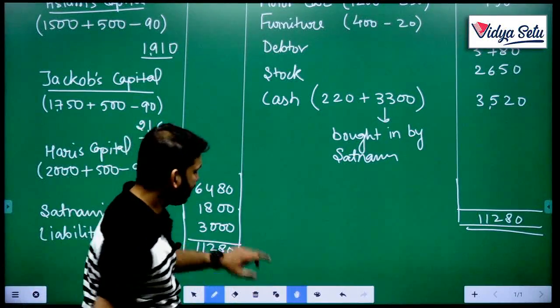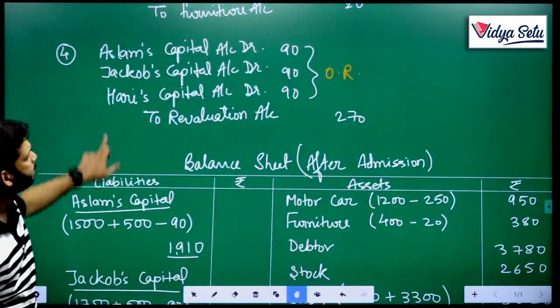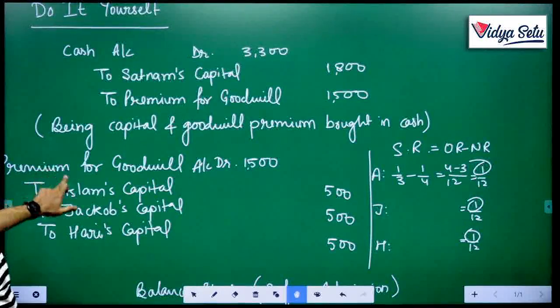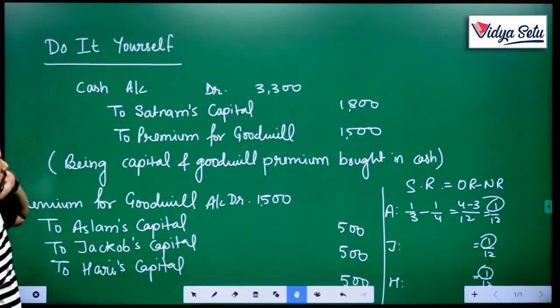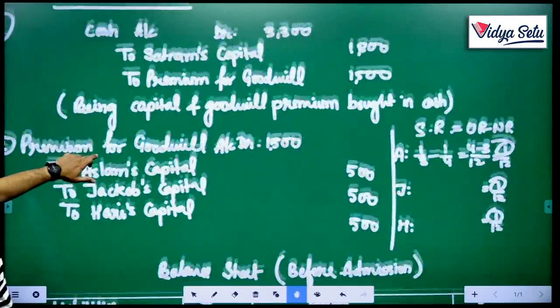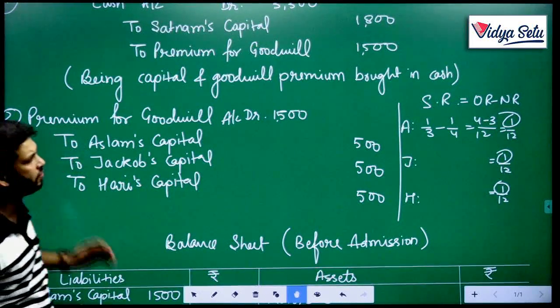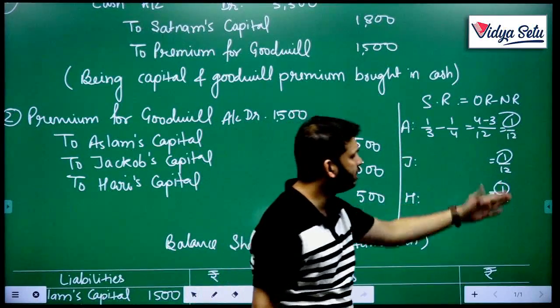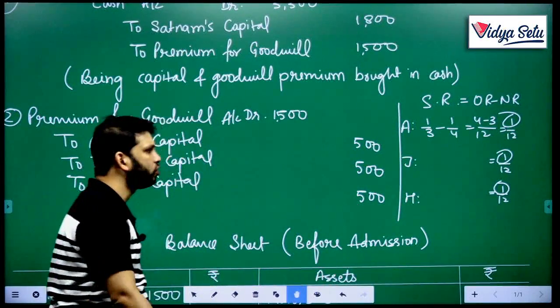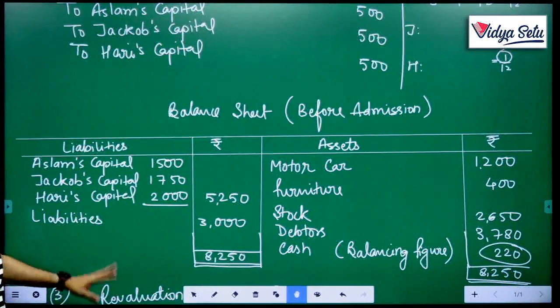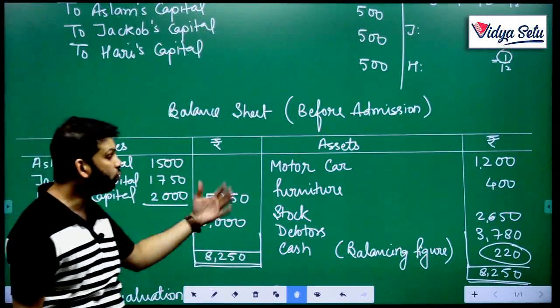I'll show you again what all things we did. First of all, we admitted Satnam, and we accounted for his premium for goodwill. Then the premium for goodwill was distributed to old partners in the sacrificing ratio that we calculated here on the rough. Then we wanted to know what was the cash figure before the admission.